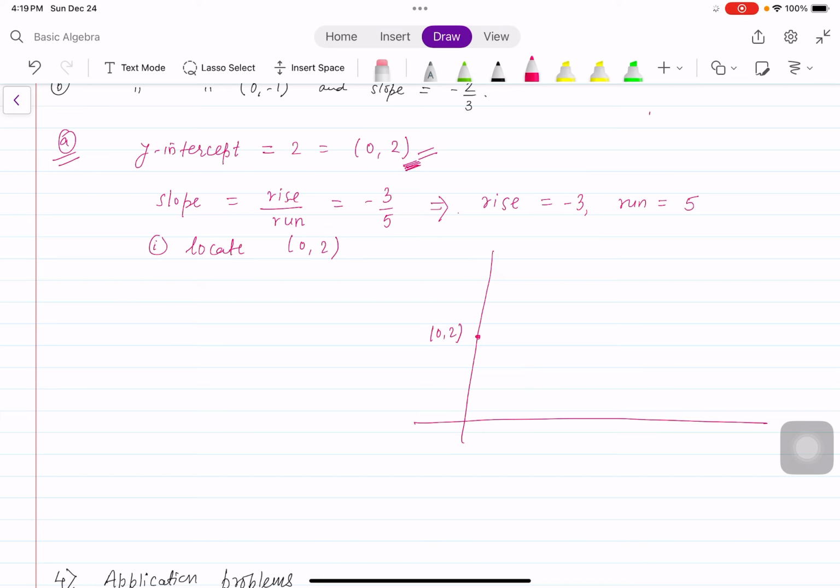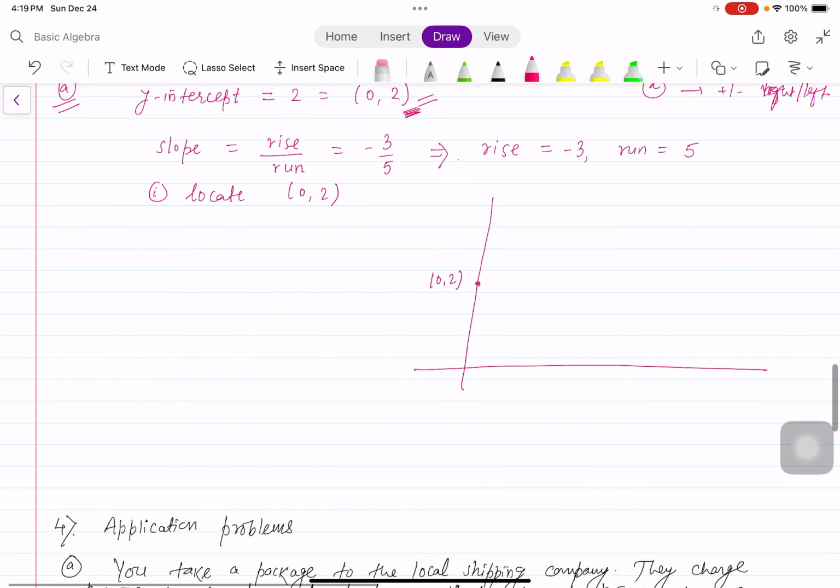So slope is always, the top is always the y-axis and the bottom is always the x-axis. So this is rise, this is run. Positive along the vertical axis means up, negative means down, whereas along the x-axis plus or minus means right or left.